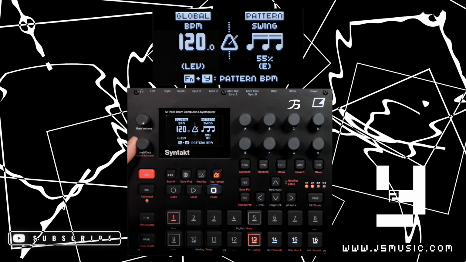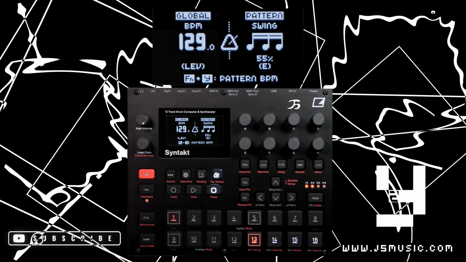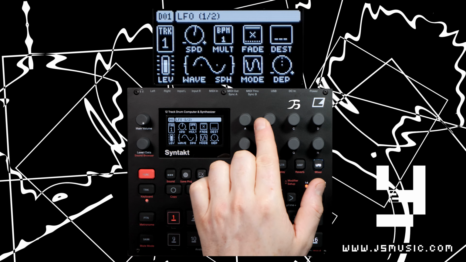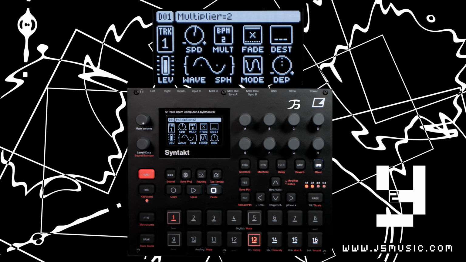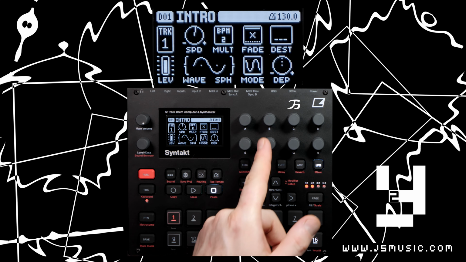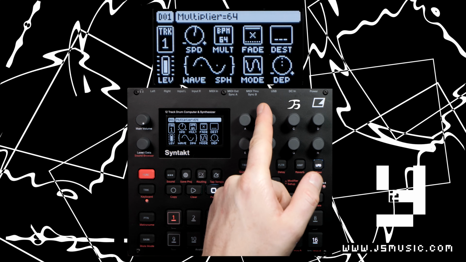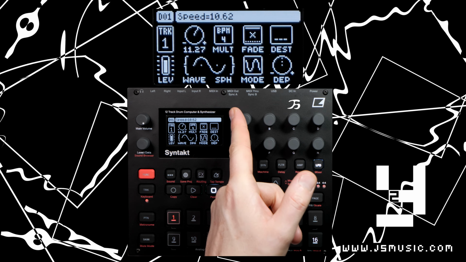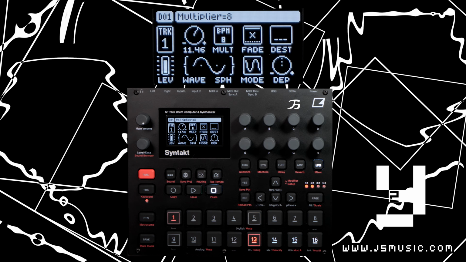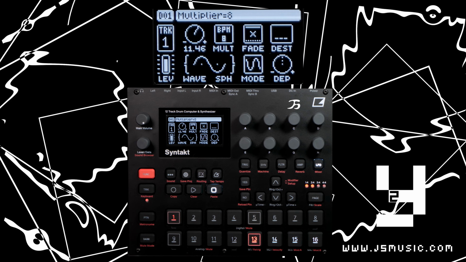So if we have set it to, let's say, 130, and we multiply it by 2, that's going to multiply our BPM by 2, so it would be 260, and so forth. Depending on the speed, these two work together to give you the overall speed of what you're trying to achieve.